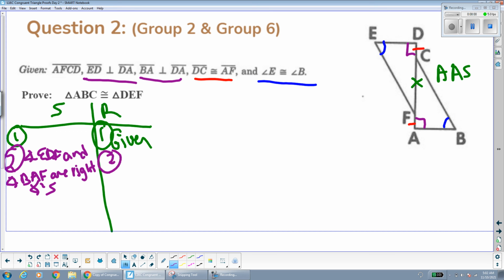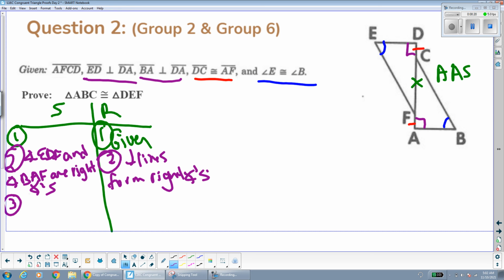And for my reason, I'm going to write perpendicular lines form right angles. That's how we knew we had right angles. We had perpendicular lines.